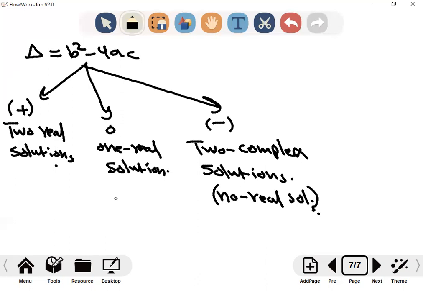But if the question tells you to find the real solutions for the following equation, and after you find delta it is negative, then you will write: no need to continue. But if the question says solve the following equation, and stops there, it means the question wants any type of solutions, complex or real. If the question asks about the real solutions and delta is negative, you will say: no real solutions. Got it?